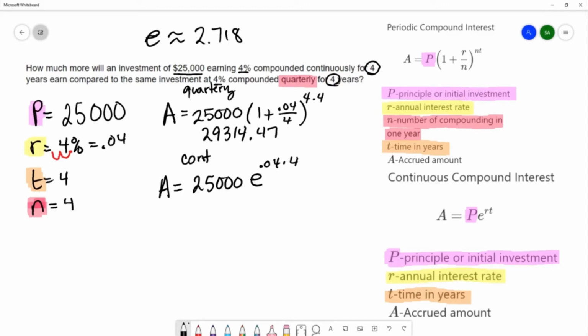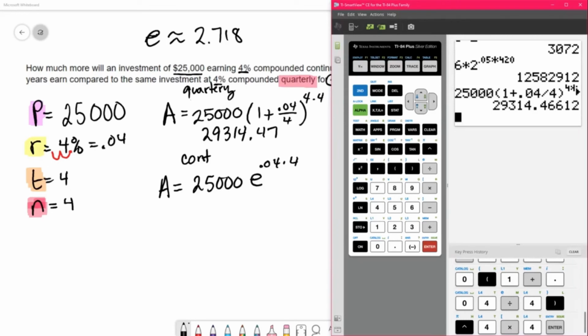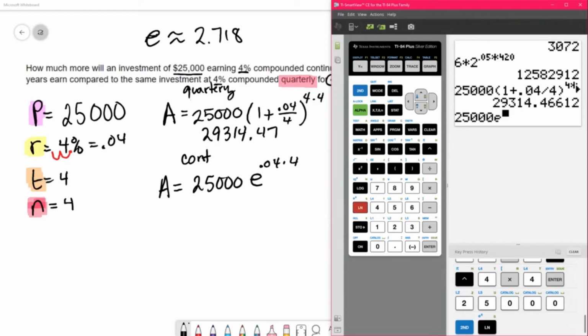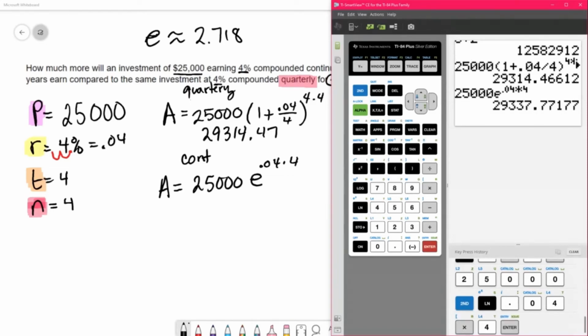Let's bring our calculator back up and do the other calculation. That's 25,000 times e to the 0.04 times 4. That's $29,337, and rounding to the nearest cent, that's 77 cents.